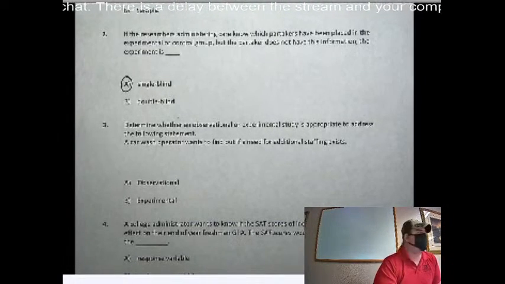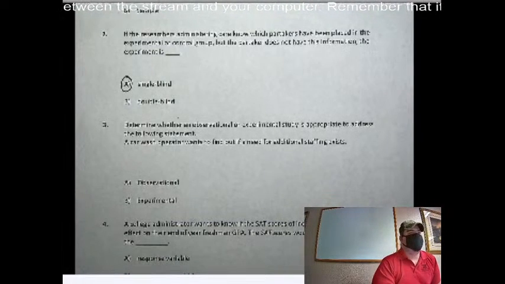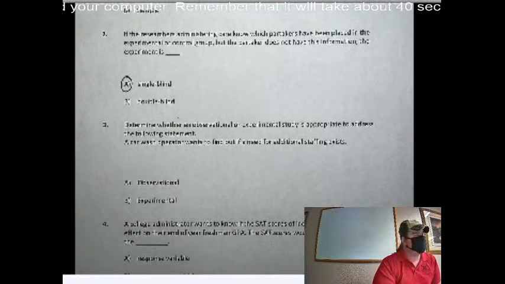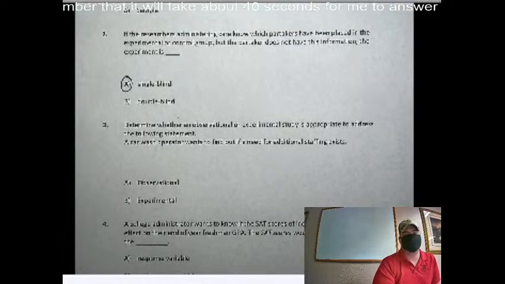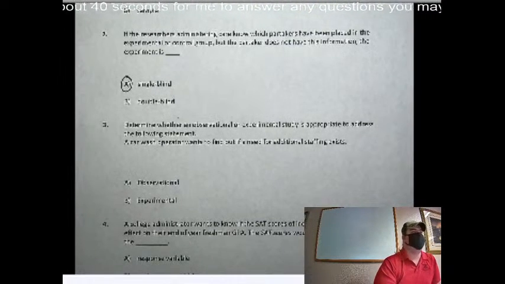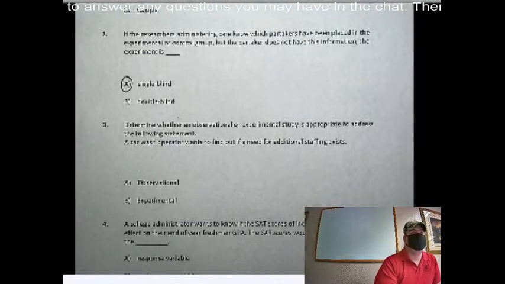And participants should never know what group they're in. A double-blind study, on the other hand, is where the researchers do not know what group the participants are in, and of course the participants don't know what group they're in either. That's why it's called double-blind. There's two that don't know. Okay. Any questions?